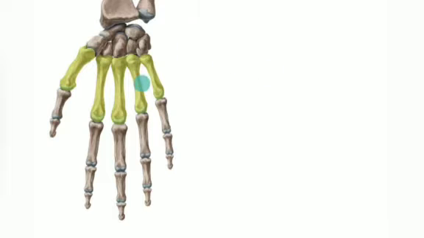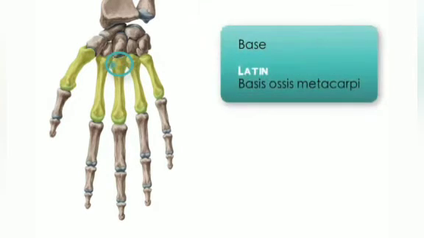Now, as you noticed already, there are 5 metacarpals, and each metacarpal is divided into 3 main structures. Let's look at the middle finger here, where you can see this metacarpal that seems to be a little bit larger. The first structure, located on the proximal side, is known as the base of the metacarpal.